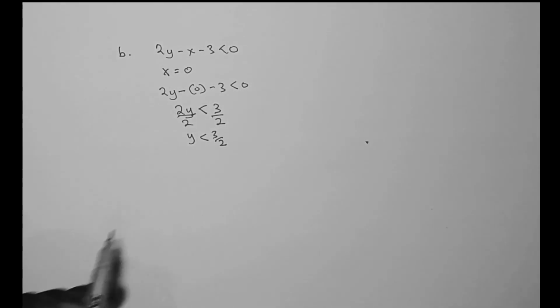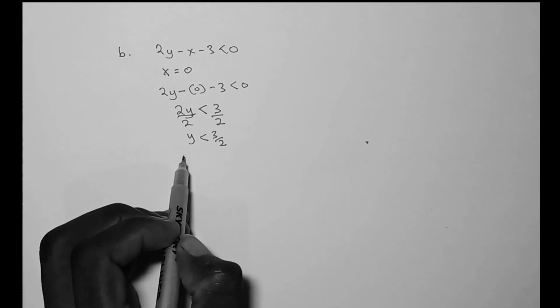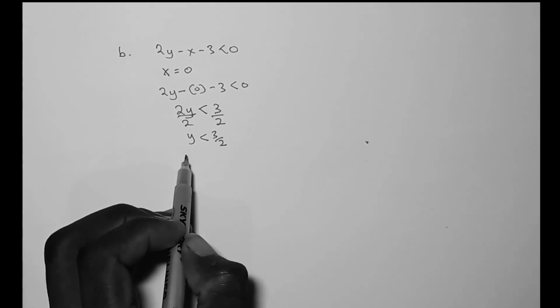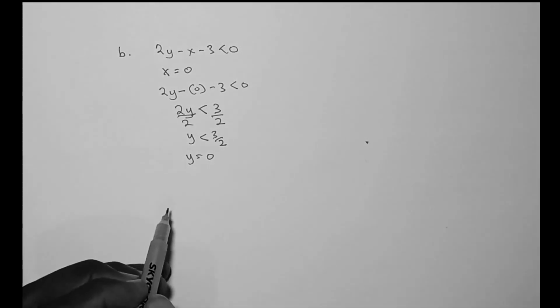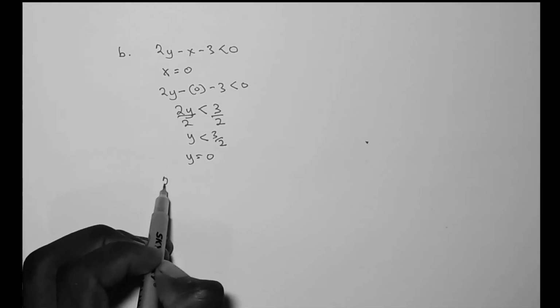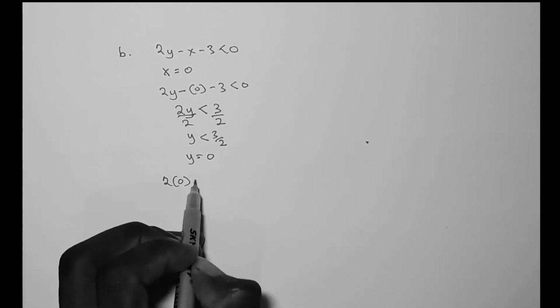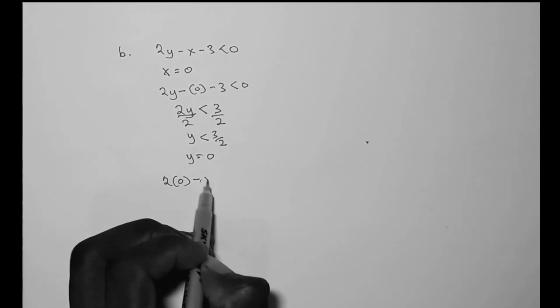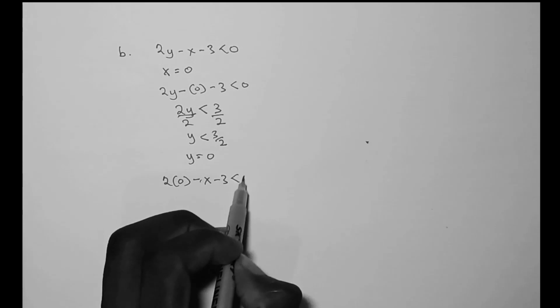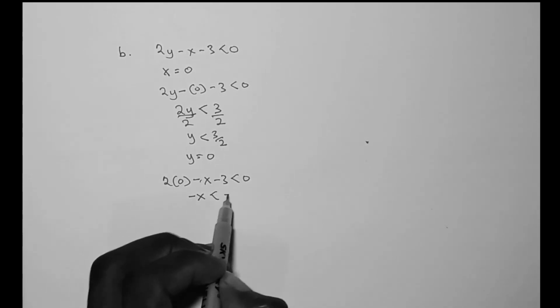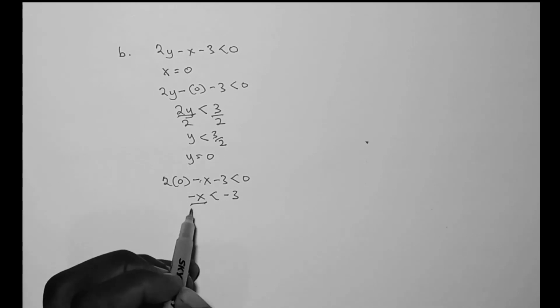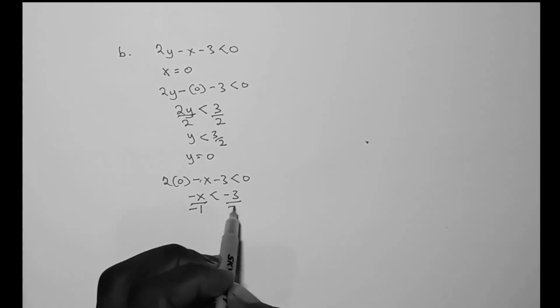Now let's find the x-intercept, and for the x-intercept, y equals 0. So let's put y equals 0 into the inequality. That will give us 2 times 0 minus x minus 3 is less than 0. So minus x is less than 3. Let's divide through by minus 1.